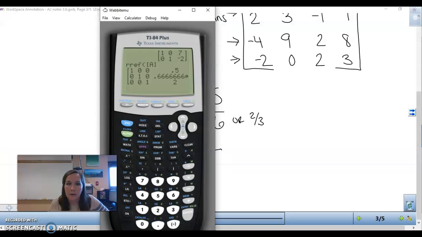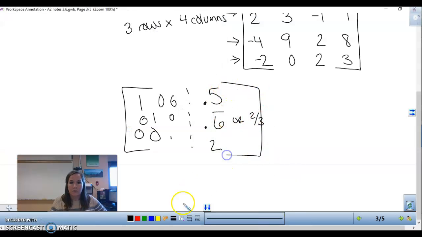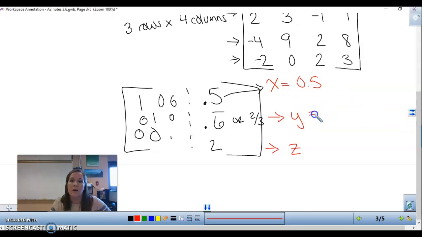Okay. So this first number corresponds to your x. This second number would be your y, and this last number would be your z. So we just solved our system by using our calculator, and we found that x is equal to 0.5 or 1/2, y is equal to 2/3, and z is equal to 2.